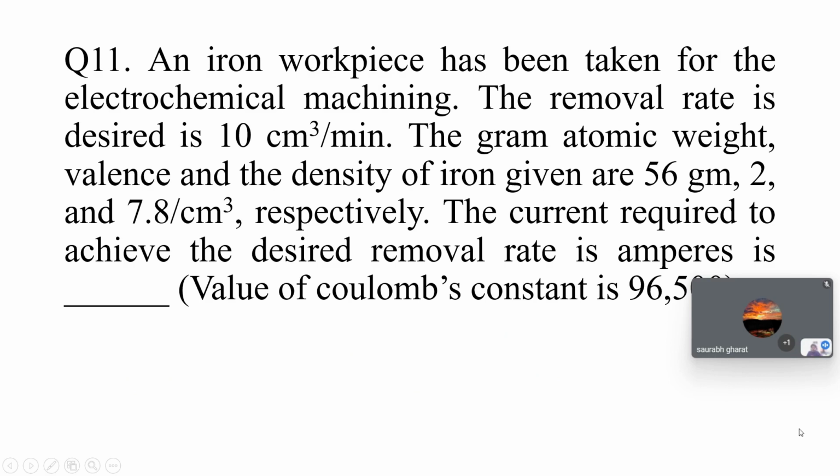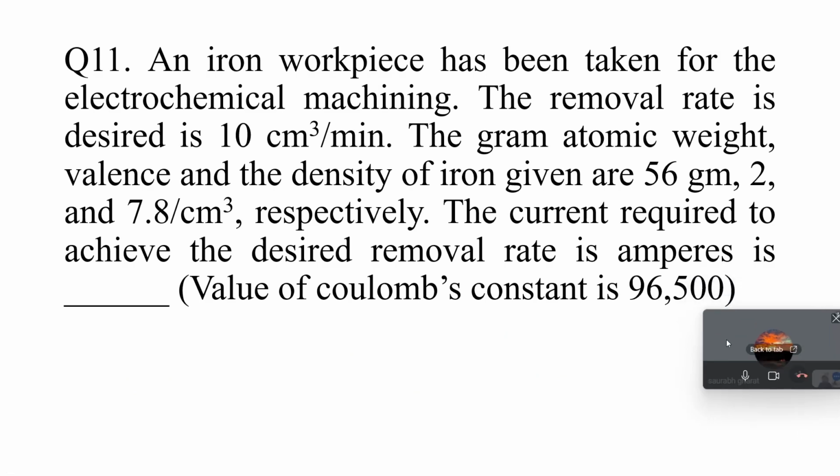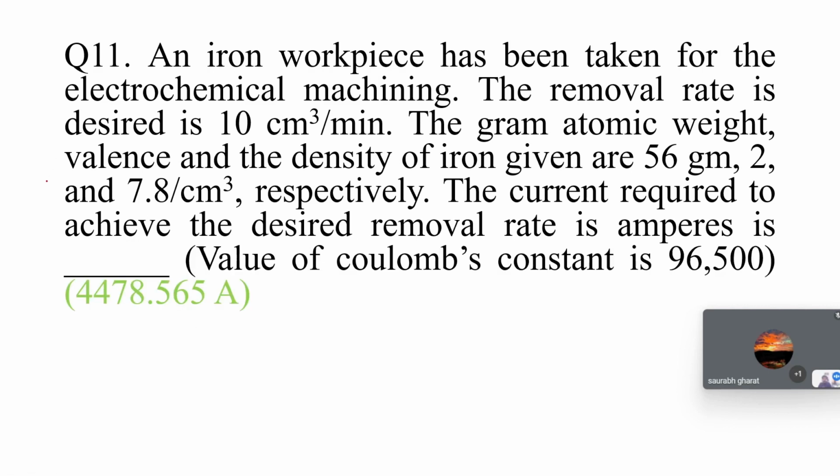So again, we will have a problem here. What is the problem you are asking here? The iron workpiece has been taken for electrochemical machining. The removal rate is desired.